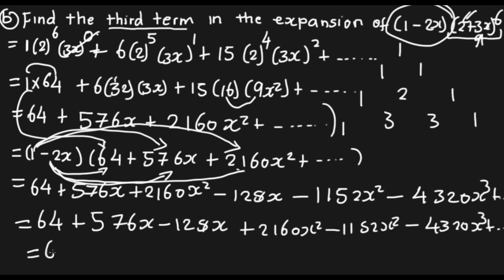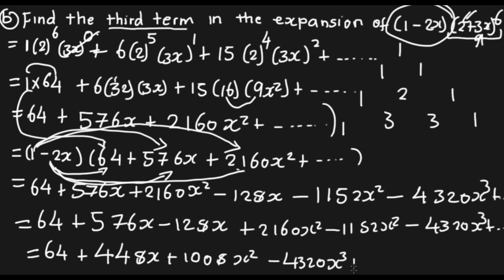So we have 64 plus 576 minus 128, getting 448x. Then 2160 minus 1152, getting 1008. This should be plus 1008x squared minus 4320x to the power 3.